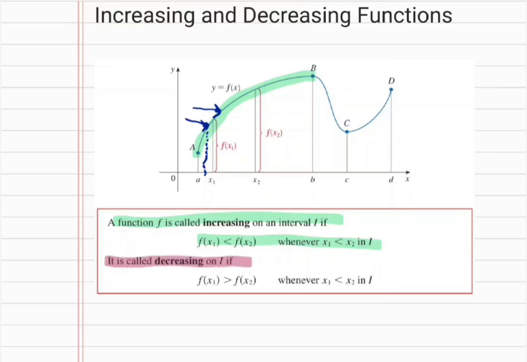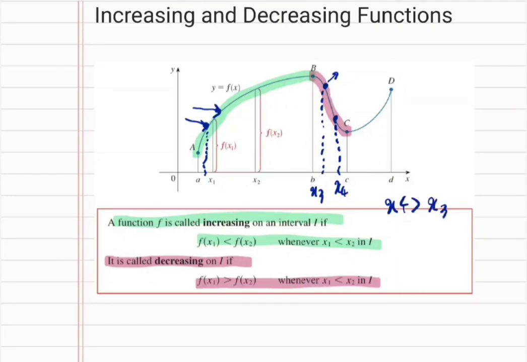For the decreasing function, consider the curve from point B to C. Let's call this point x3, and this point x4. Again, as you can see, x4 is greater than x3, but f of x4 is less than f of x3, if you just look at the graph and look at its y value.